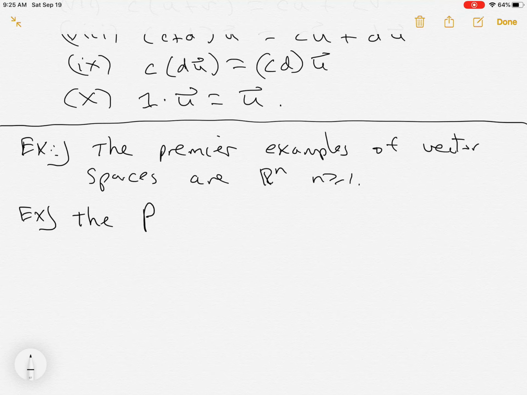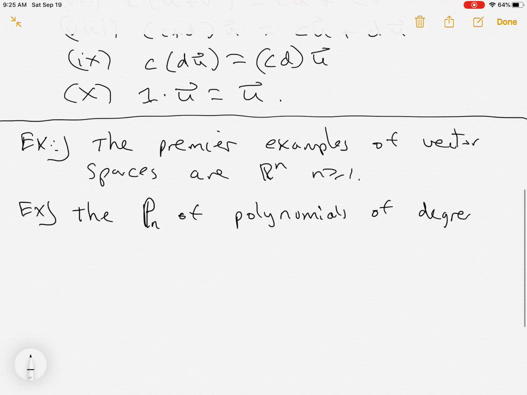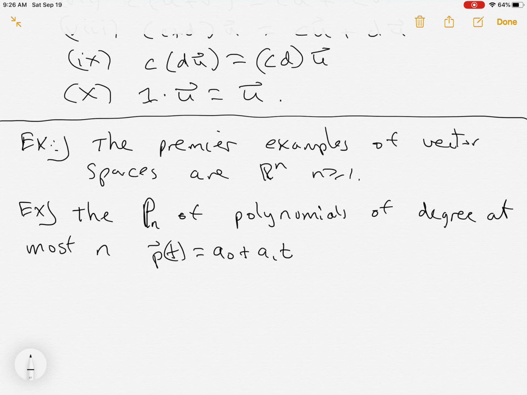The set P sub n of polynomials of degree at most n, which are polynomials of the form p(t), that's the vector, is a0 plus a1 t plus ... plus a_n t to the n, right?